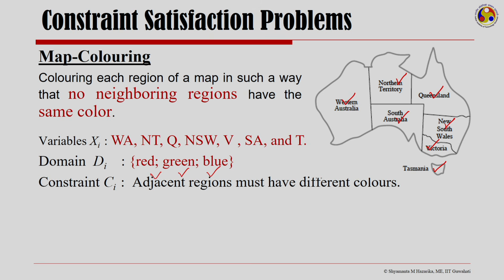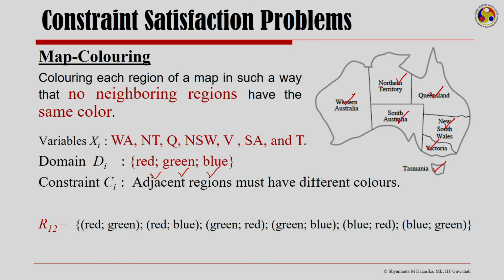Now, if we look at the constraint for this problem, the constraint is that any 2 adjacent regions must have different colors. So, if you look at the first 2, let us say this is 1 and this is 2, the possibilities could be that I could have red green or red blue or green red or green blue, blue red or blue green.